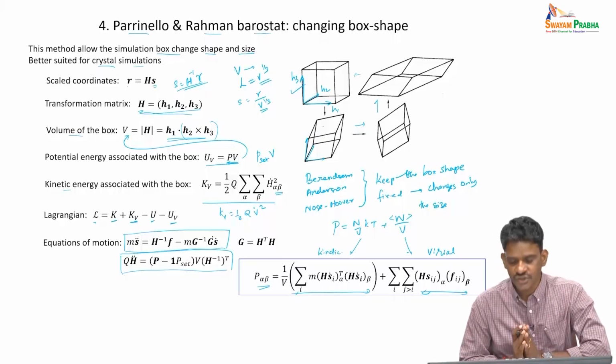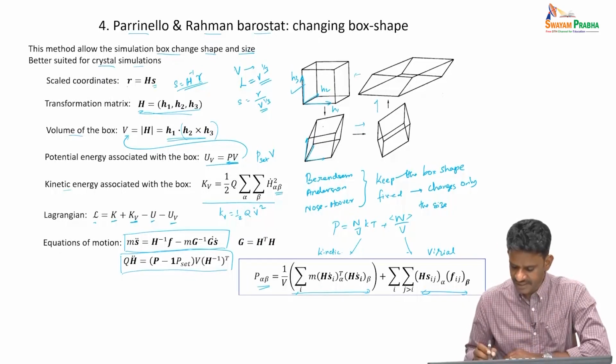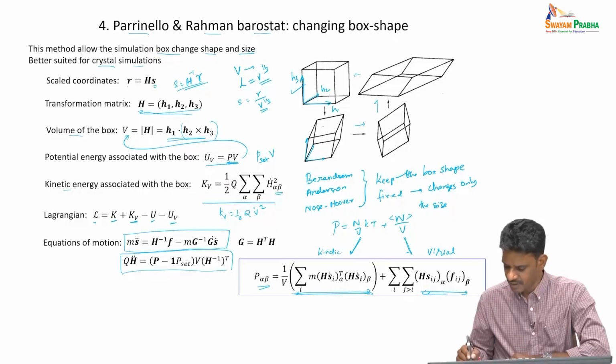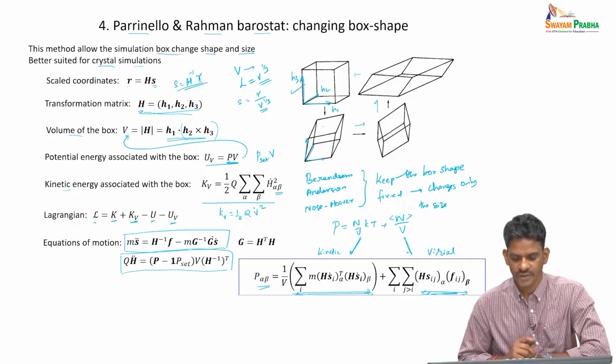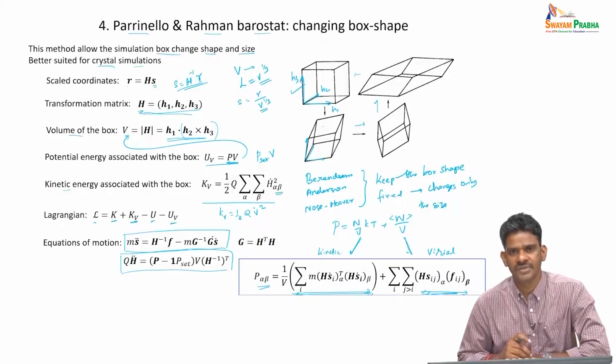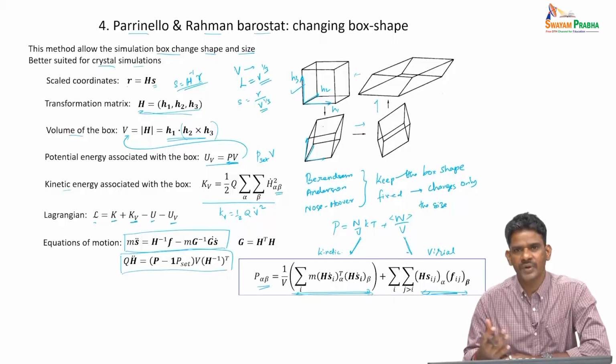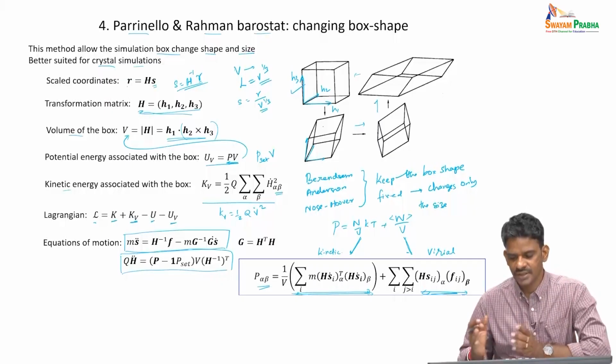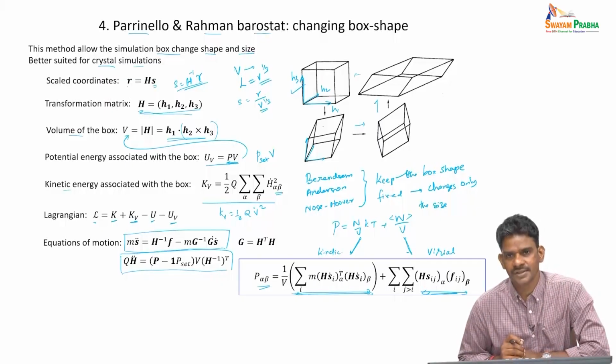It's going to change its shape and size, and then we write in component forms. So this kinetic term now takes a little more detailed expression here. Similarly, the virial form is written here. So, the Parrinello-Rahman barostat, when you invoke it in your MD simulations, you are basically allowing the system to sample its shape as well as the size of the box.